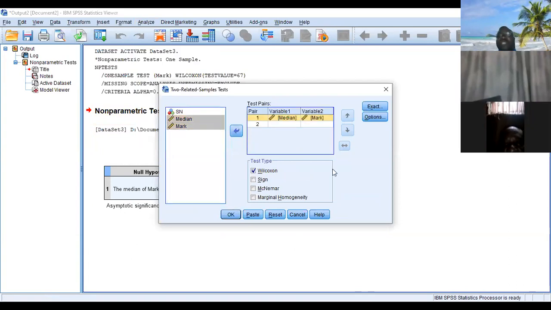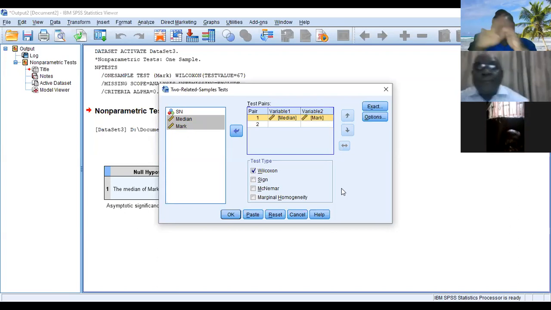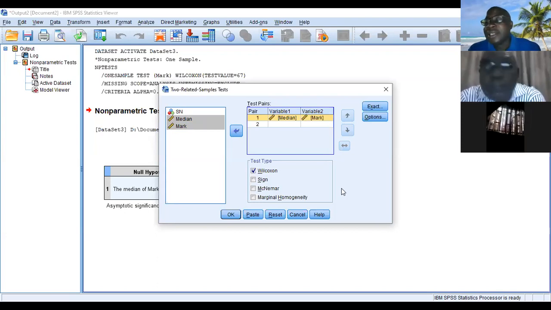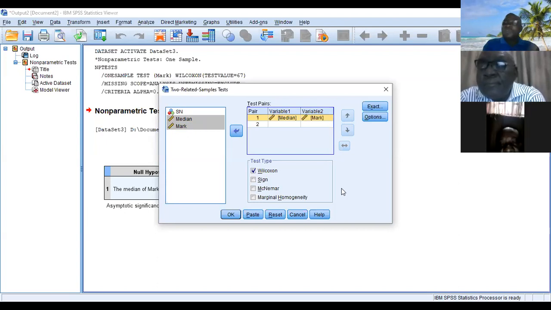What it's doing is, if you remember, how did you enter the median? You enter it as a constant across all of them. The logic behind the paired sample is to subtract one group from the other. Even in a paired sample test, the logic is to subtract one from the other.